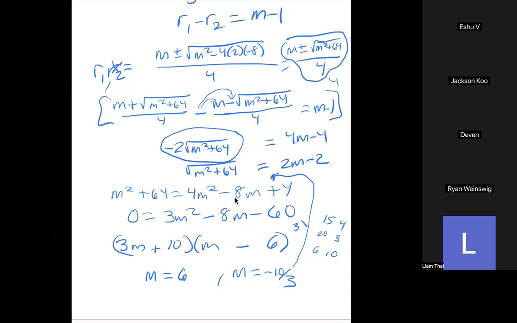And then when you square both sides, you're going to get the exact same thing. Oh, okay. So you're not really going to end up getting anything different because you're squaring both sides. But because you are doing that, you want to check back in the original.